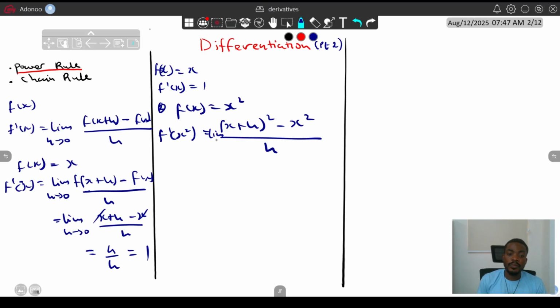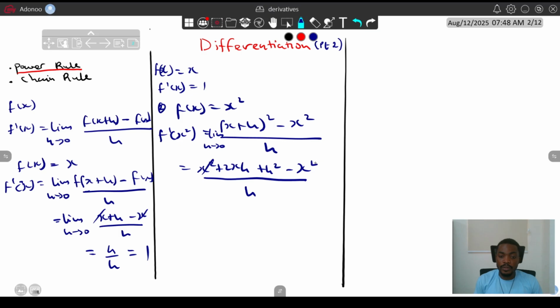So we have the limit as h approaches 0. Never forget that statement, the limit as h approaches 0. So we expand the numerator and get x squared plus 2xh plus h squared minus x squared all over h. So this goes away.